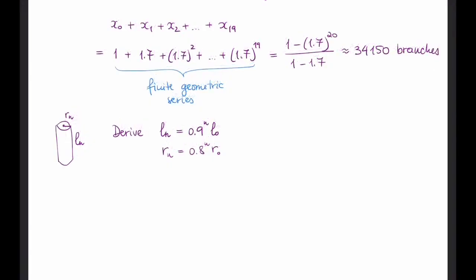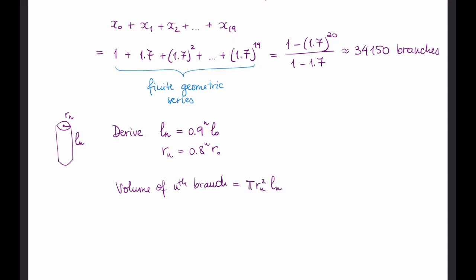In order to calculate the total volume, we first have to calculate the volume of the nth branch itself. Now, in this case, because it is just a cylinder, we already know the volume of the cylinder. It's pi r squared times the height of the cylinder, or in this case, the length. So it's going to be pi Rn squared times the length.